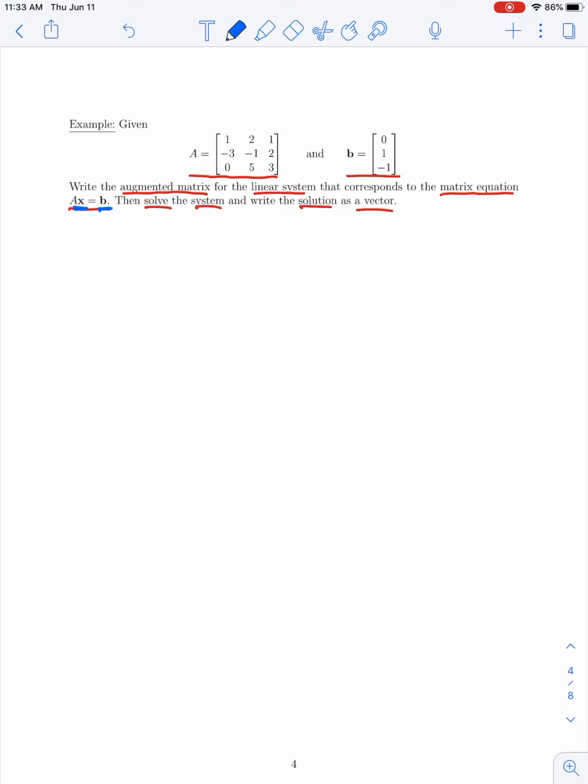Now, our previous theorem said that this matrix equation is equivalent to the system of linear equations which is expressed by the augmented matrix [A | b]. So let's consider the augmented matrix [A | b].